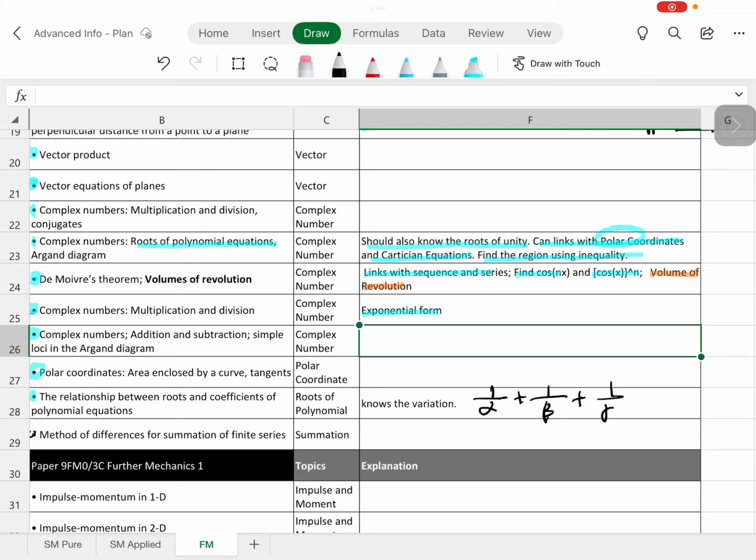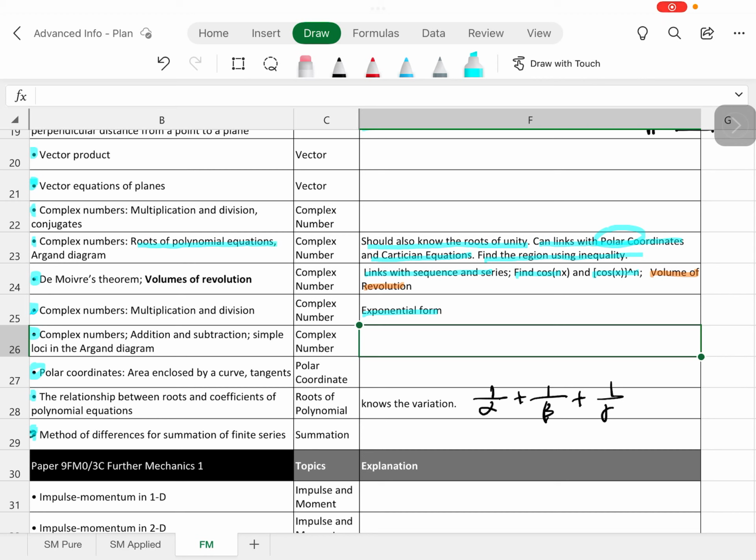Next one, method of differences for summation of series, right? You need to know the summations for r squared and r cubed. For method of differences, you just need to see the difference of the denominator. If the denominator has a difference of 1, then you will keep the first element and the last element in the sequence.